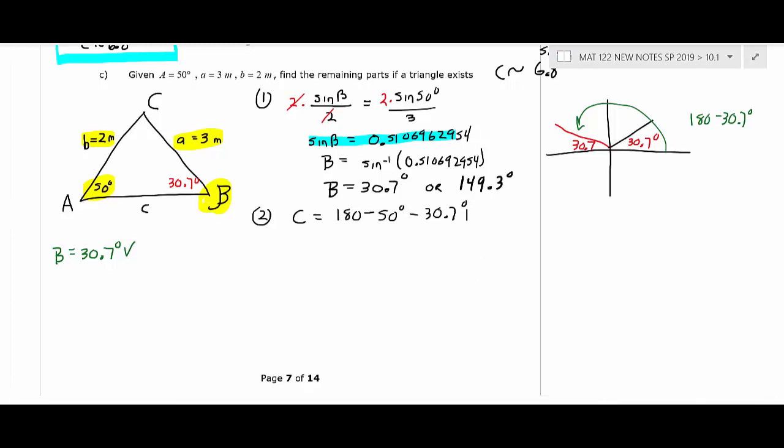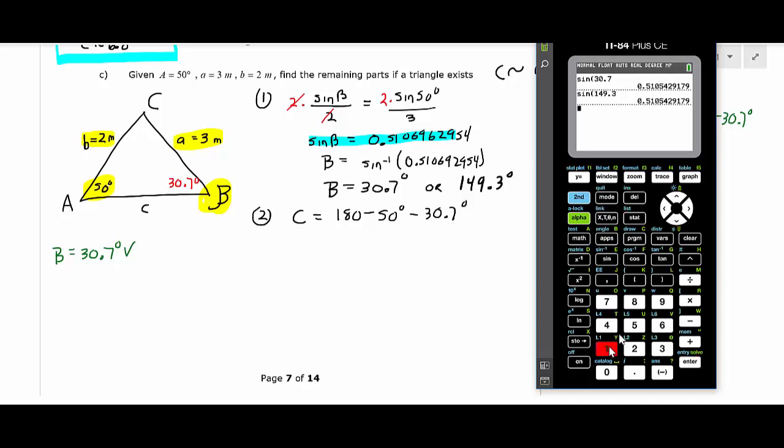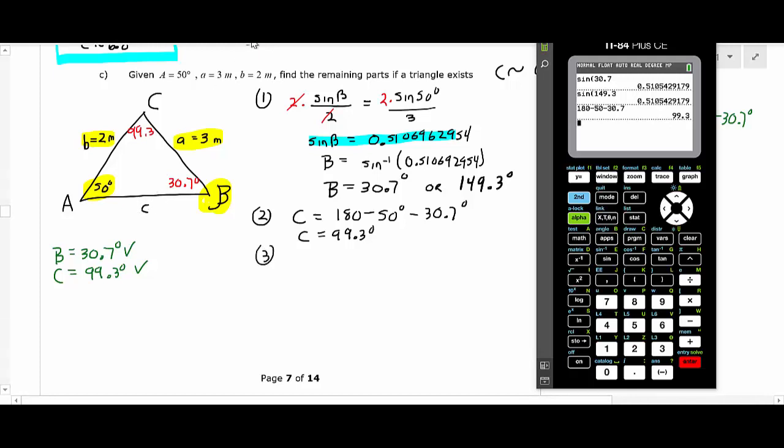If I do 180 minus 50 minus 30.7, then I get C is 99.3 degrees. That would be the second part of the problem. I'm going to write this in as I go. So that's 99.3. That leaves us with the third thing to find, which is side C.